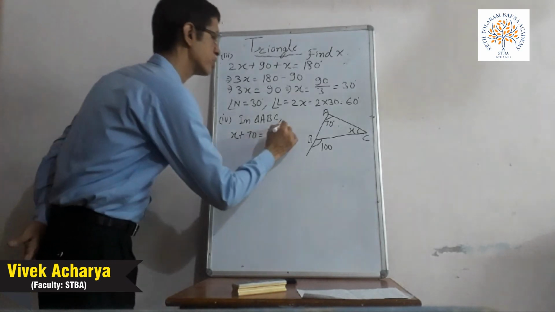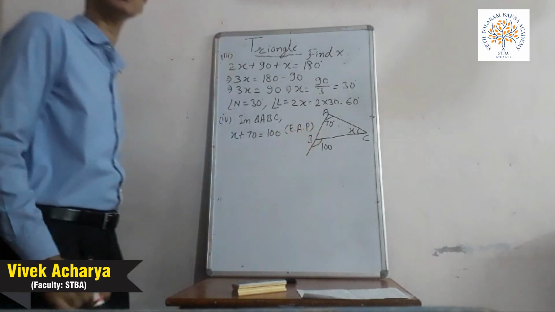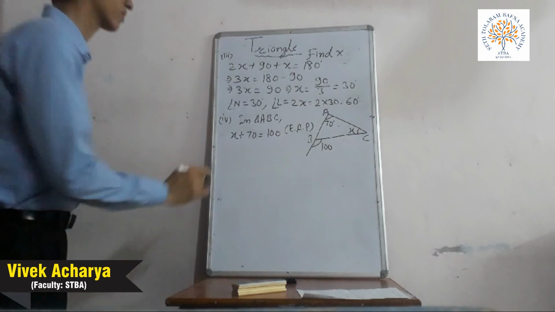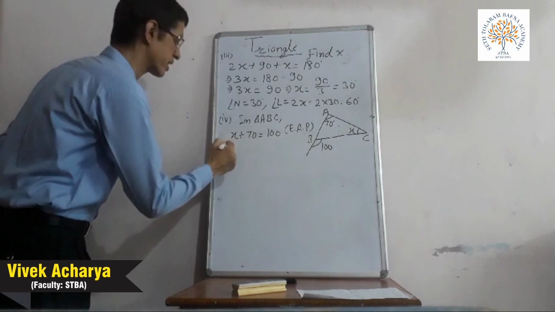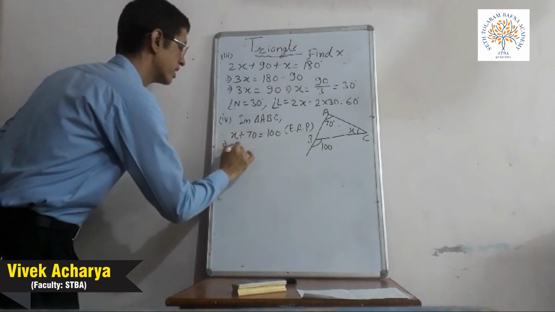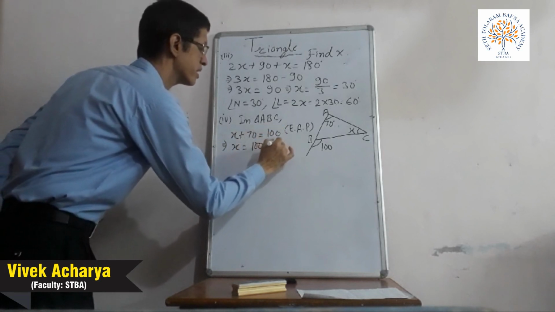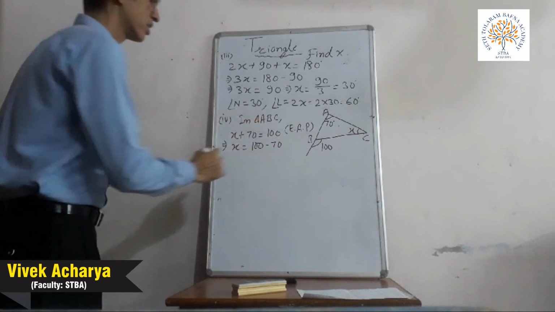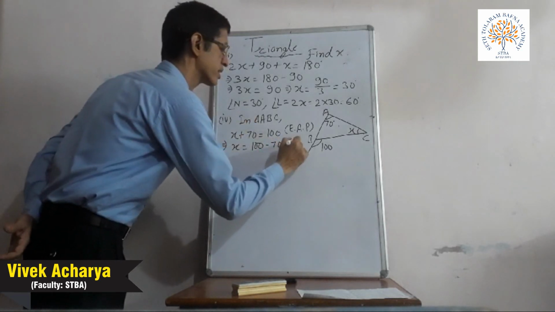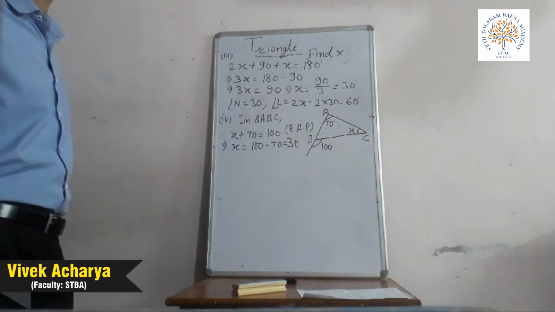And the property which we are using here is EAP, exterior angle property. So the exterior angle is equal to the sum of the interior opposite angles. So we get X equals 100, and transfer 70 to this side, so minus 70. So 100 minus 70. So we get X equals 30 degrees. So by the exterior angle property, you get X equals 30 degrees.